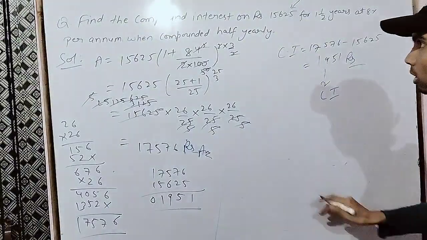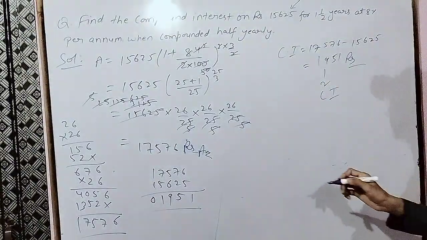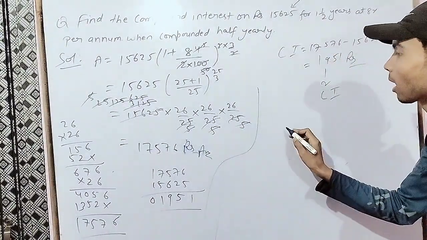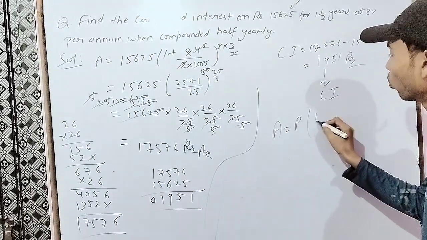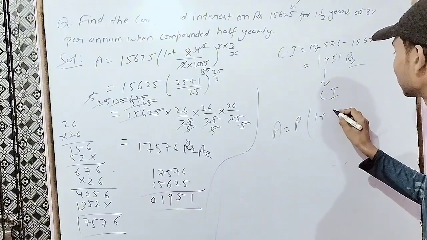One more point. What has changed in the formula? Nothing changed, but to find the amount, P as it is, 1 as it is, rate as it is.